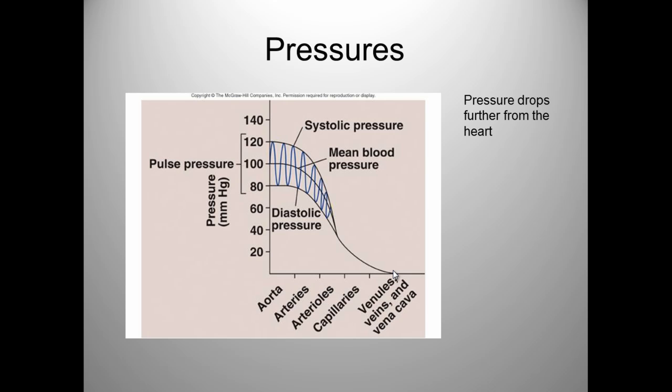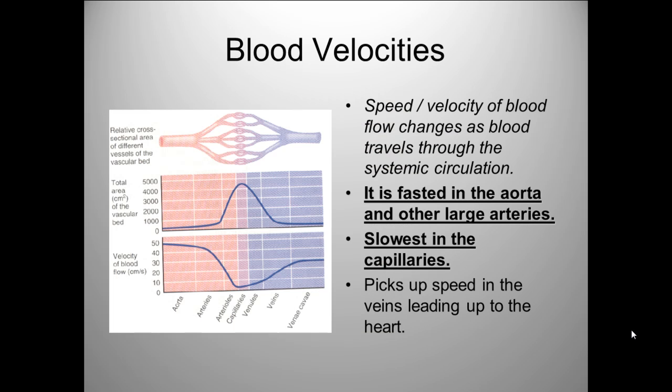Once you get to roughly around the capillaries, there's no more diastolic or systolic pressure, and so the idea of having pressure exerted from when the heart is contracting and relaxing is only relevant to arteries and arterioles.